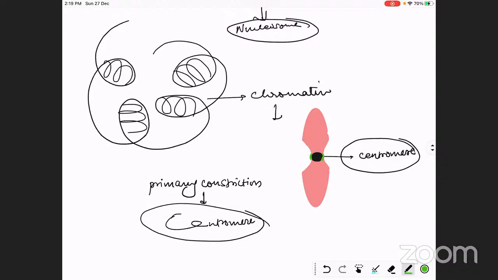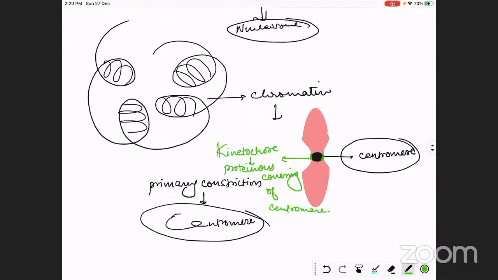This disc-like structure around the centromere is known as the kinetochore, and this is the proteinous covering of the centromere.